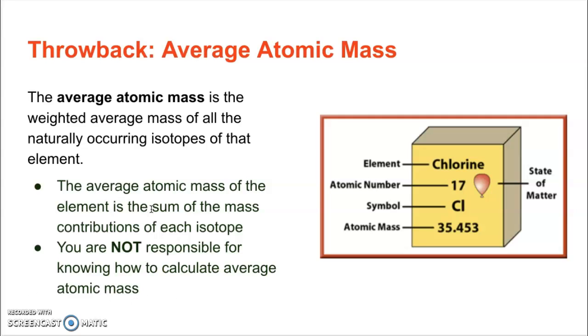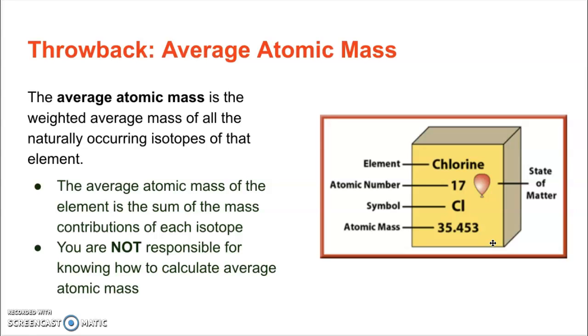The same happens for chlorine, right? If we took all of the isotopes of chlorine, looked at how often they appear, and found the average of all of those masses, my average atomic mass is 35.453. Okay? So the average atomic mass of an element is the sum of the mass contributions of each isotope.